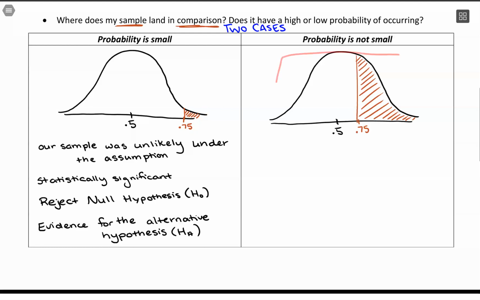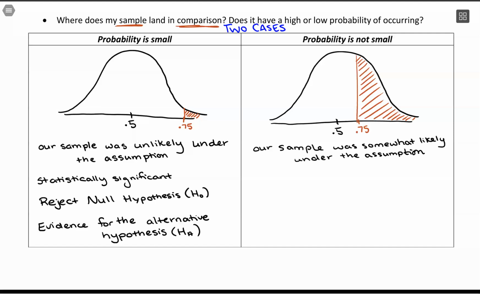Now, what's happening in this scenario, when the probability is not small, is that getting that 75% heads out is fairly likely if we're assuming we have a fair coin. So this would be a case where our sample was somewhat likely under the assumption that we have a fair coin.